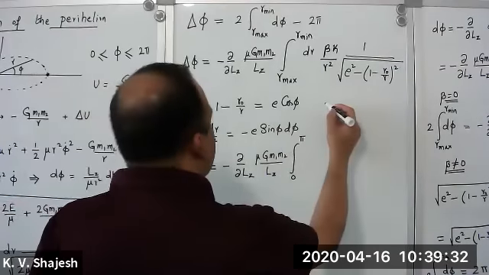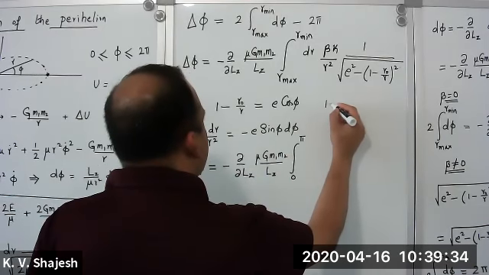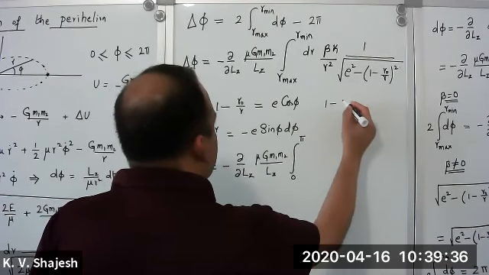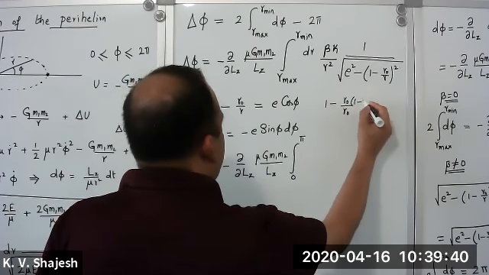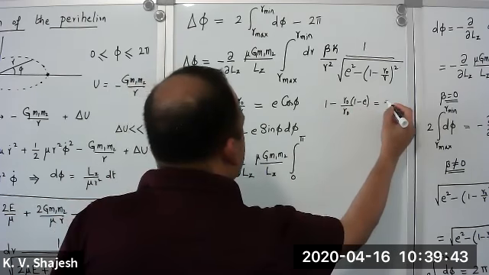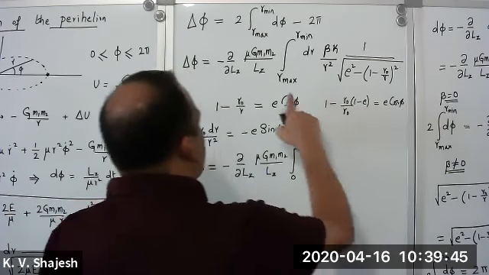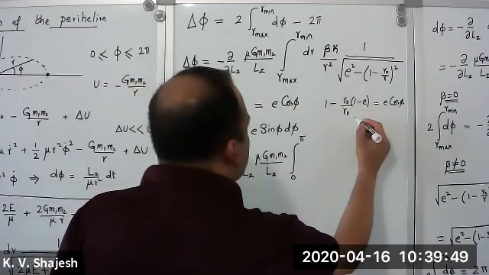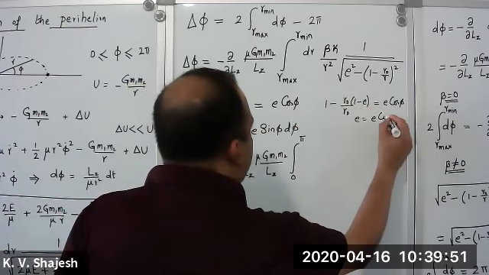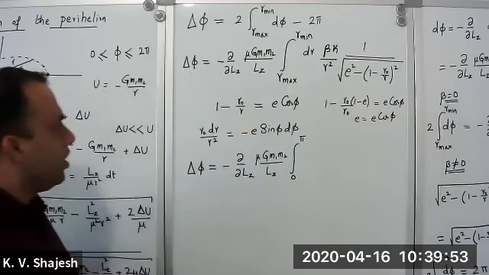Let me give an example. So this is r naught over r naught, and this is 1 minus e, that's equal to e cosine phi. That's what happens when it is a maximum value. That cancels out, so e is equal to e cosine phi, which means phi is equal to 0.